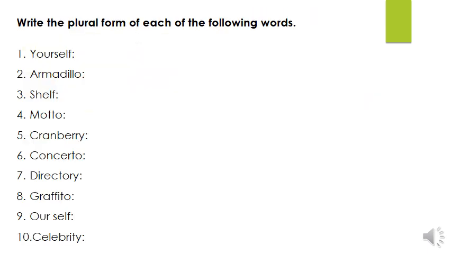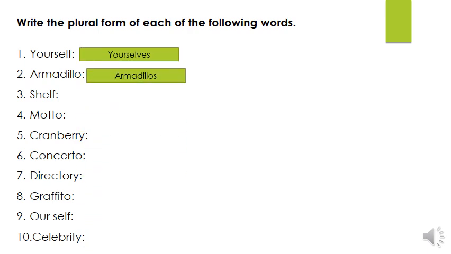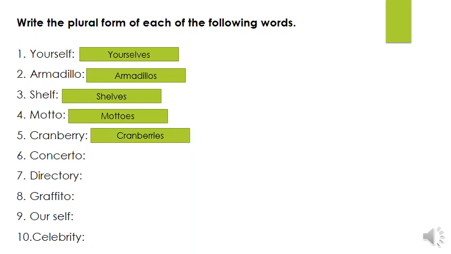Now we move to the plural form of each of the following words. Let's start with yourself. The plural form of yourself is yourselves. Armadillo, armadillos, it ends with O. Shelf, shelves. Moto, motos. Cranberry, cranberries.